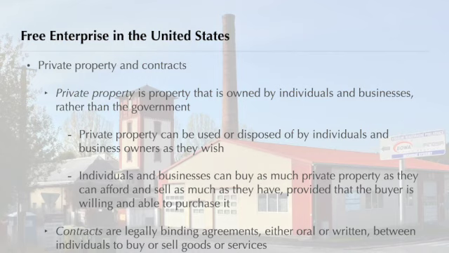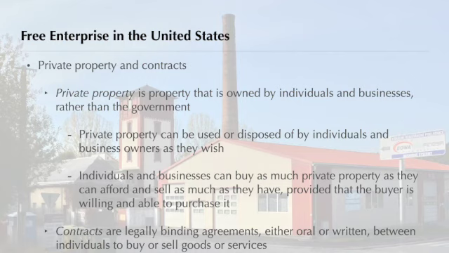Individuals also have the right to enter into agreements with one another to buy and sell goods and services. These agreements are called contracts. If Peter agrees to sell a CD to his friend Adam for $10, they have a contract. Peter agrees to supply the CD, and Adam agrees to supply $10 in exchange.